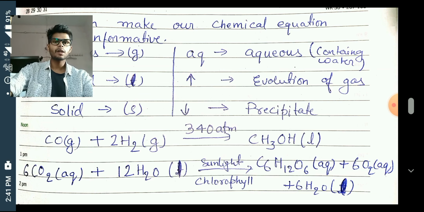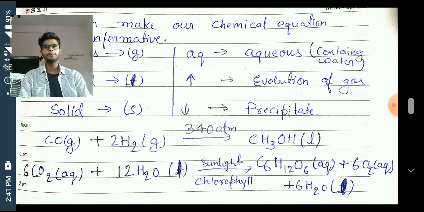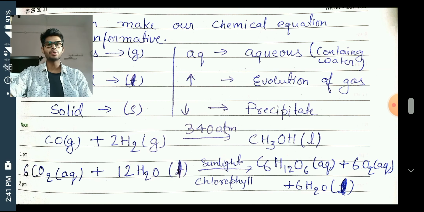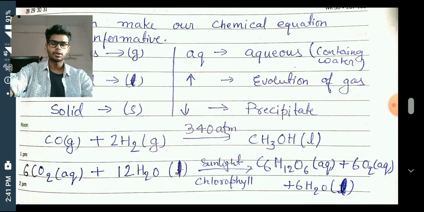Here you can see the reaction that I have shown: carbon monoxide, CO, which is gaseous in nature, reacts with H2, which is gaseous, at a pressure of 340 atm.